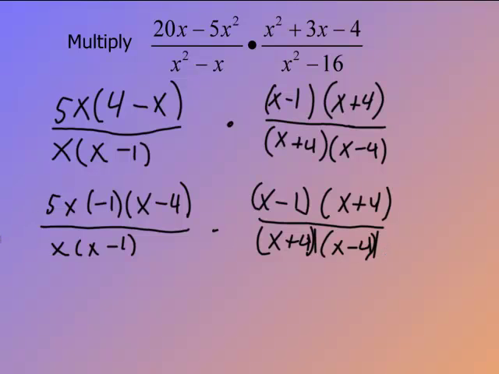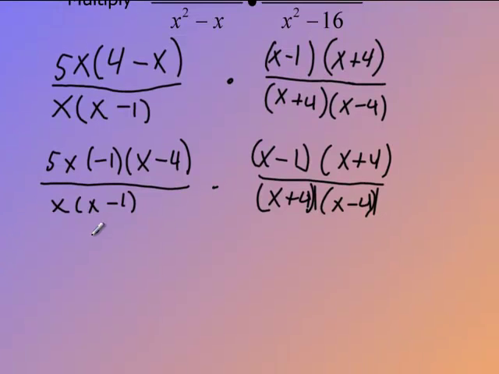Okay, so now when I multiply it, that's going to be 5x, and you can multiply the negative 1 with the 5x instead of keeping it separate. It doesn't really matter.